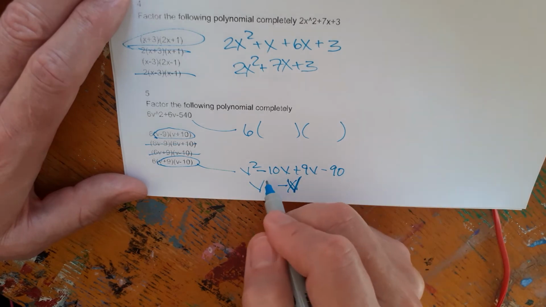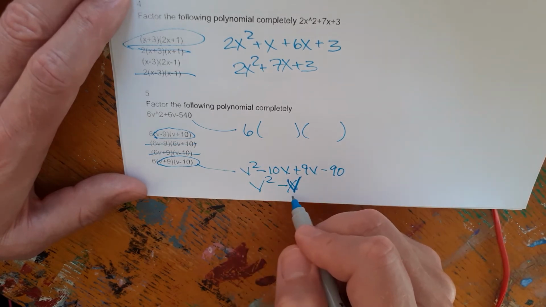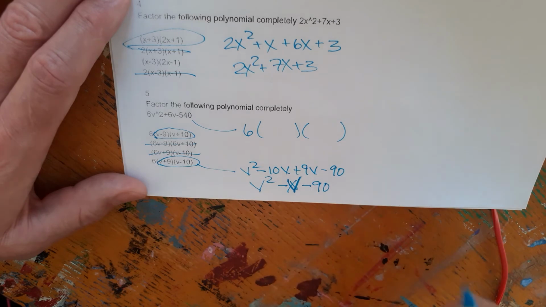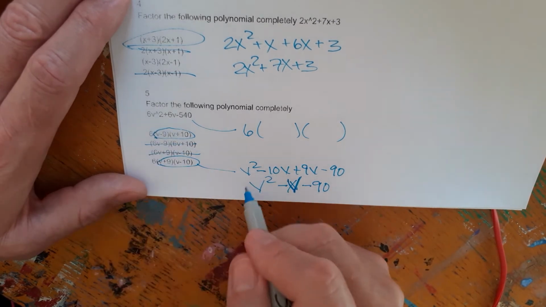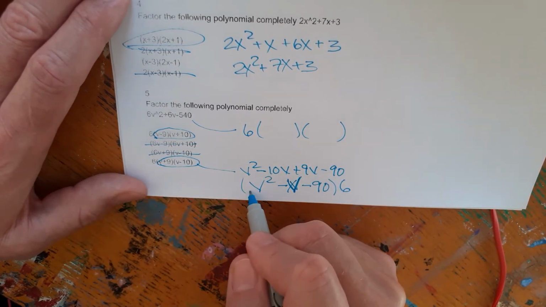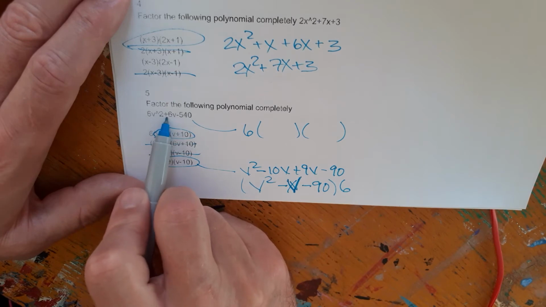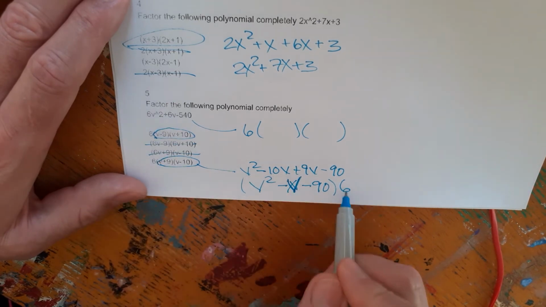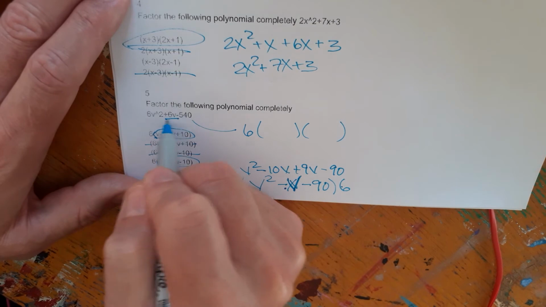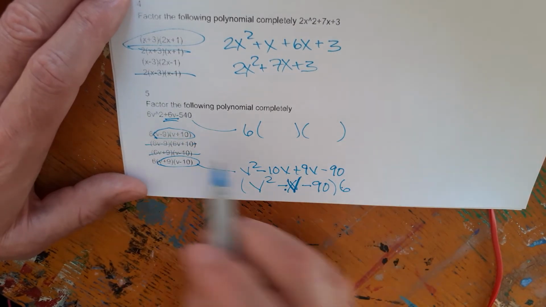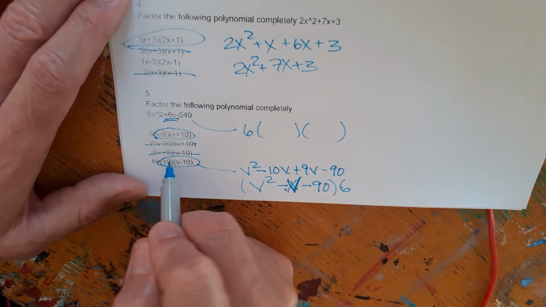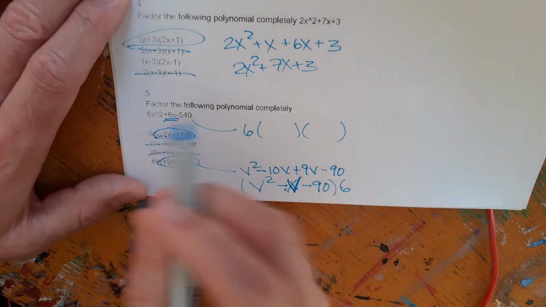I like to stick with x for that reason, because I just start writing weird things. Minus 90. Is this our original? Well, if this were all multiplied by 6, you would have a minus 6v here in the middle when this multiplied through. So I would be tempted to reverse the signs. Instead of v plus 9, I'm going to reverse it to v minus 9, and I'm going to go with this one.